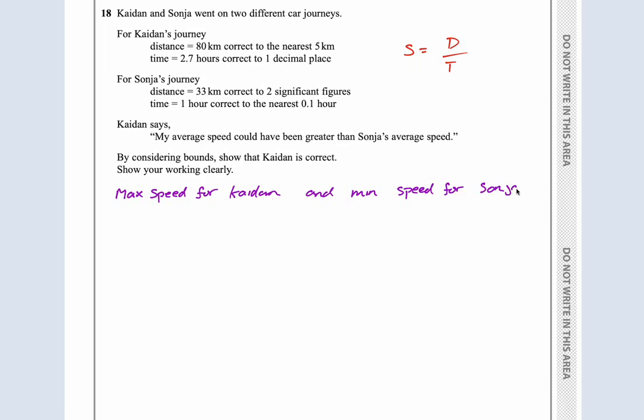If I find his maximum possible speed and her minimum possible speed, and his is bigger, then he's right. It's possible that his average speed was faster.